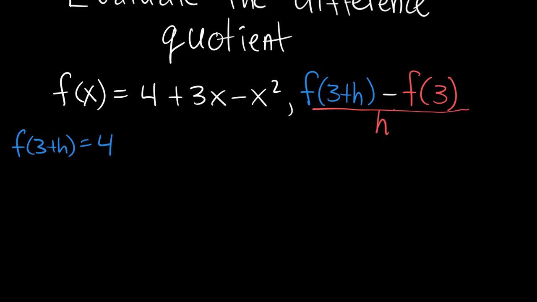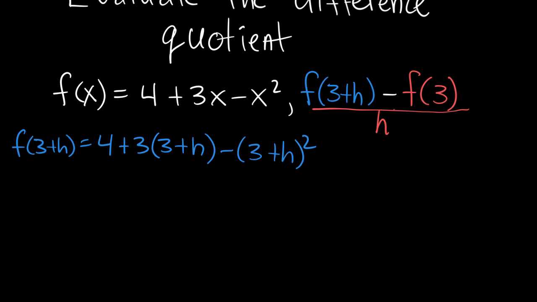So 4 plus 3 times not x, but 3 plus h, minus not x, but 3 plus h. And that whole thing has to be squared because x is squared right here.